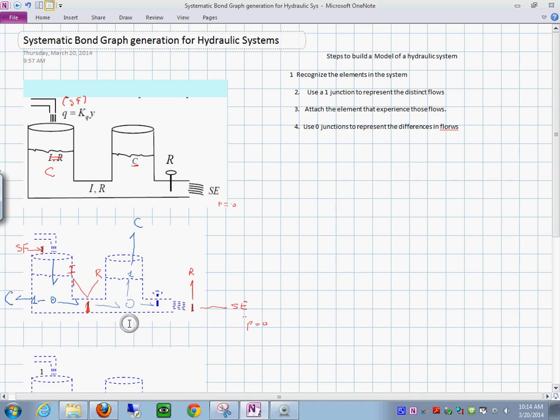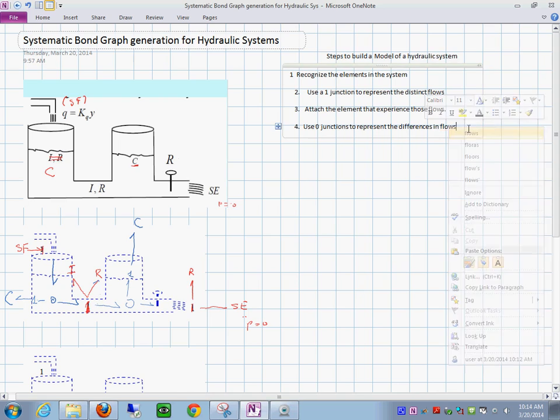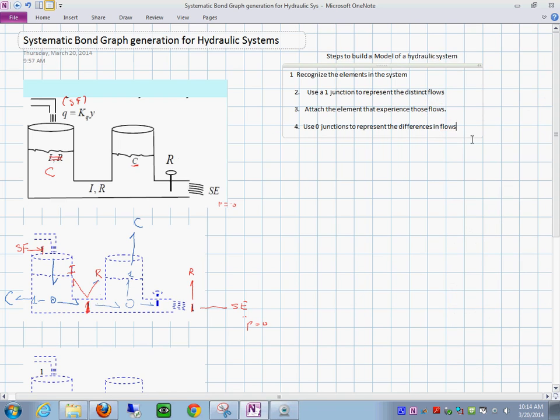Yeah. So at this point, we could actually enter this into the QMG software. So use zero junctions to represent the distinct flows. And then I would say 5, attach the elements that see those differences.